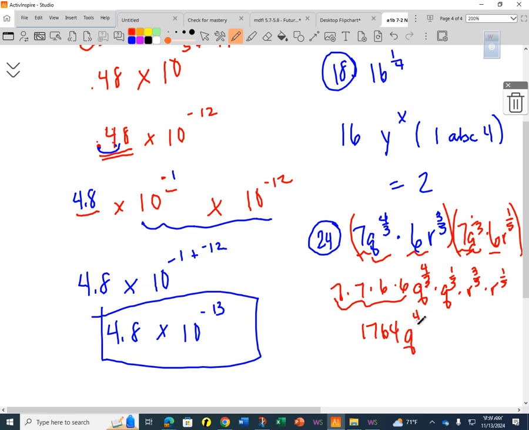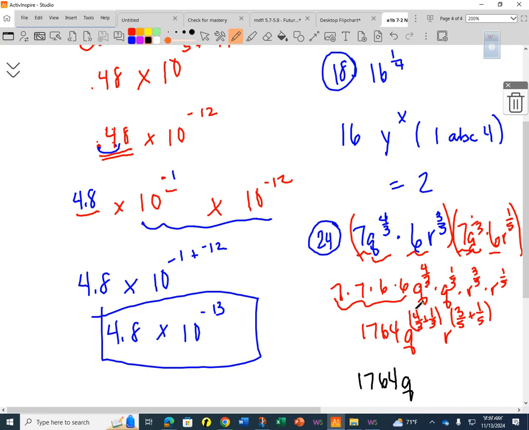Now we're going to do 4/3 plus 1/3. That's our new power. r, 3/5 plus 1/5. That would be our new power. So these have like bases. We should be able to do these in our head. But remember, your calculator will do it.